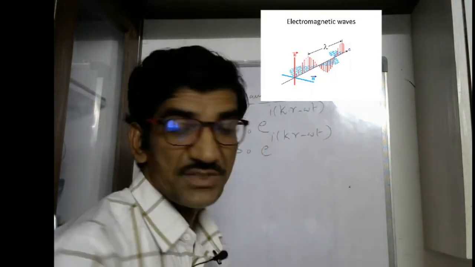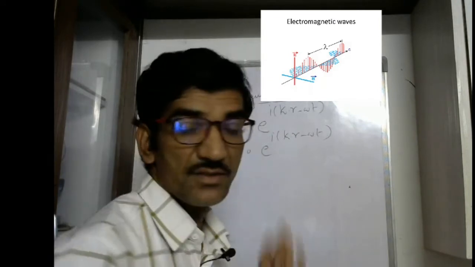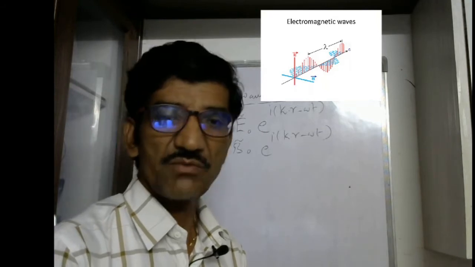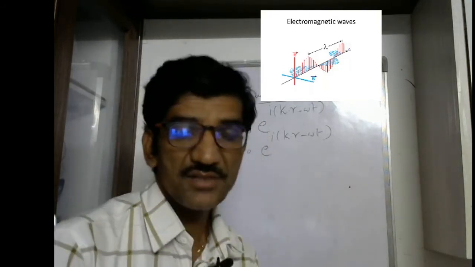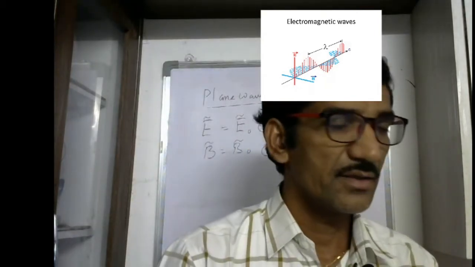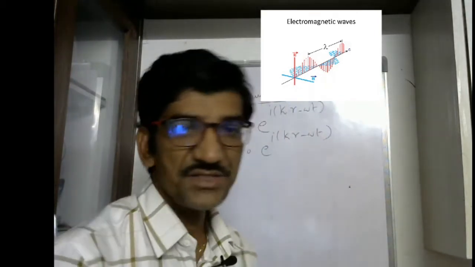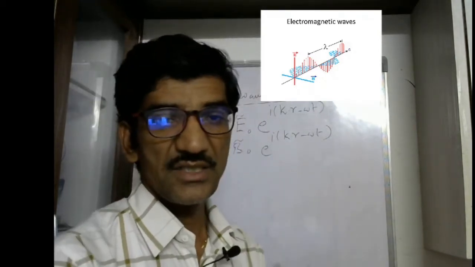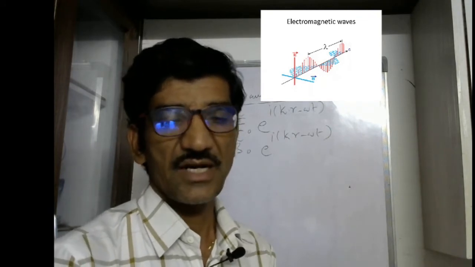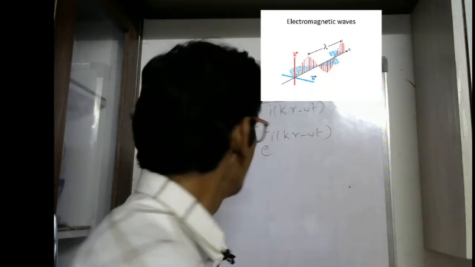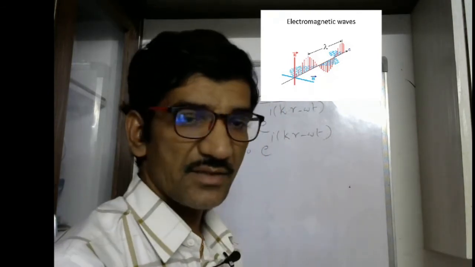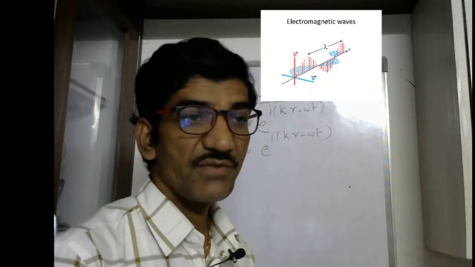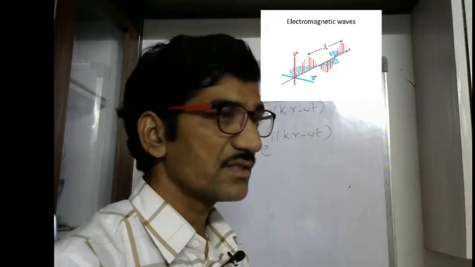When we substitute these equations for E and B in Maxwell's equations, then we get some additional constraints on E and B. Maxwell's equations give us some additional restrictions on these electric and magnetic fields. These are the solutions for the wave equation for electric and magnetic fields.